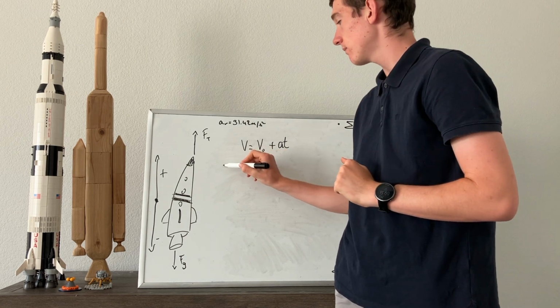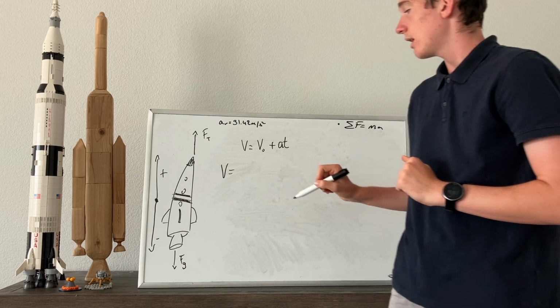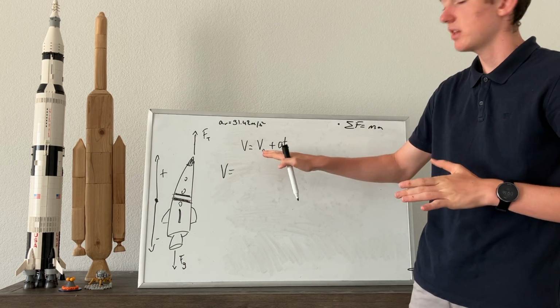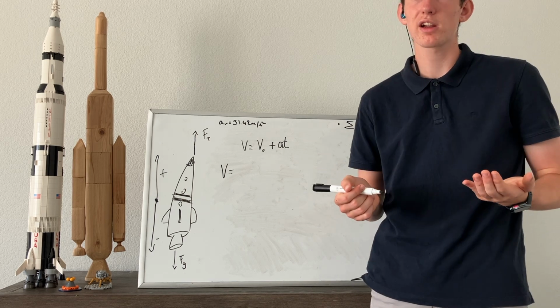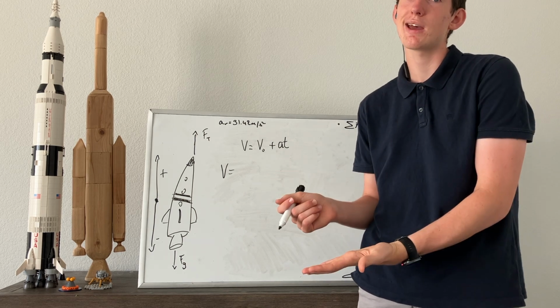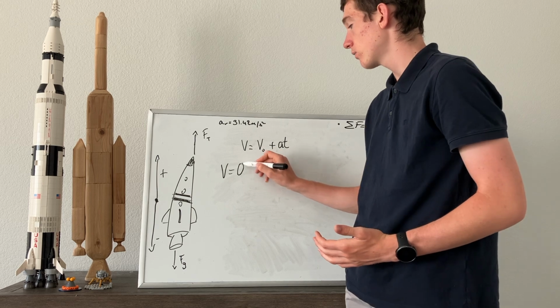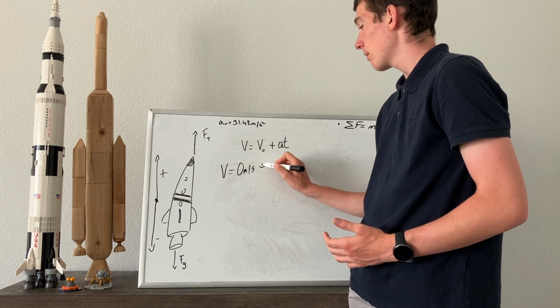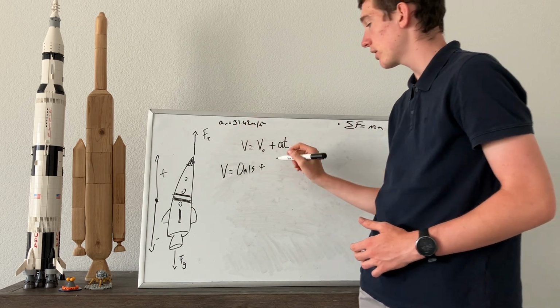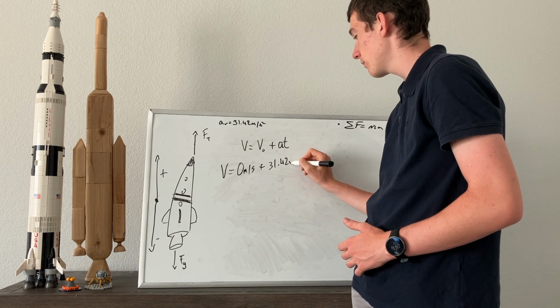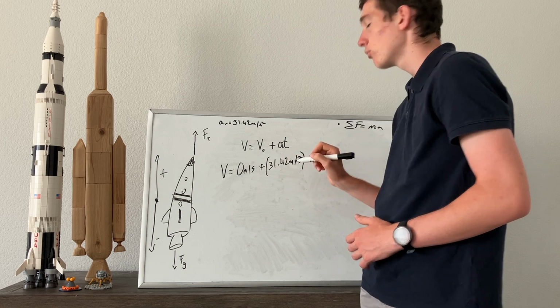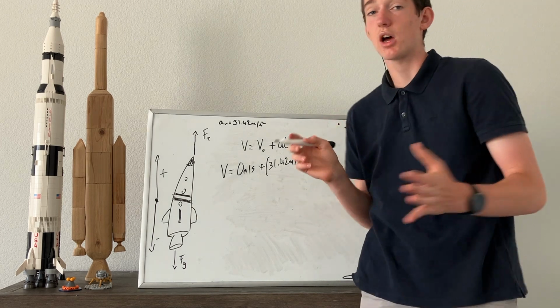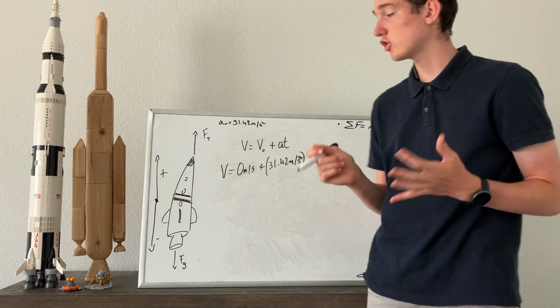So our speed, V, is equal to our initial speed, which was 0 meters per second, because the rocket wasn't moving at the beginning, it was on the launch pad still. So 0 meters per second, plus our acceleration of the rocket, which we found up here, 31.42 meters per second squared, multiplied by the time. In this case, the time is the burn time, the time the engine is burning.